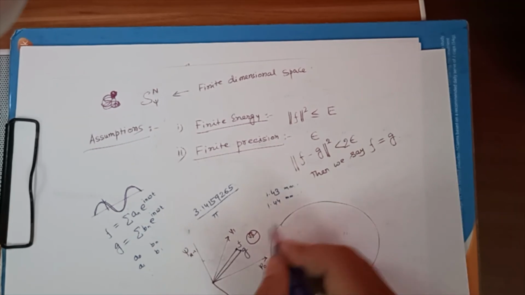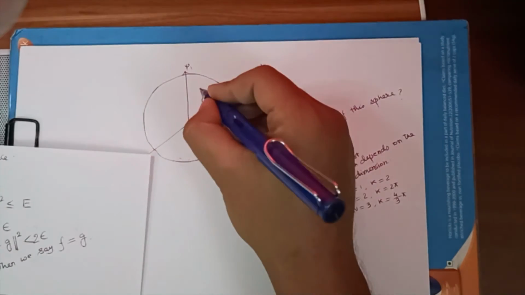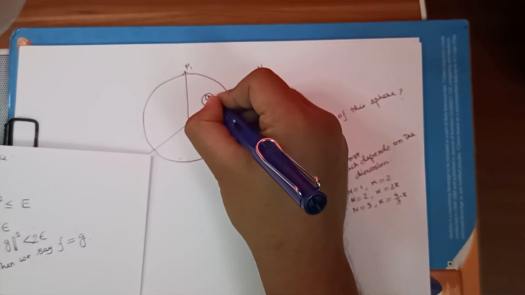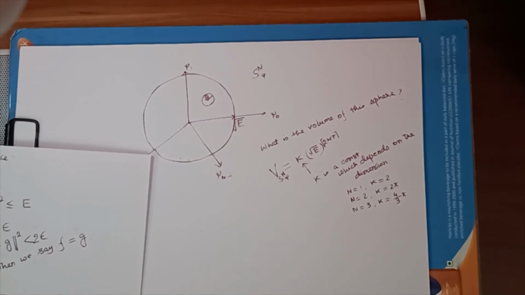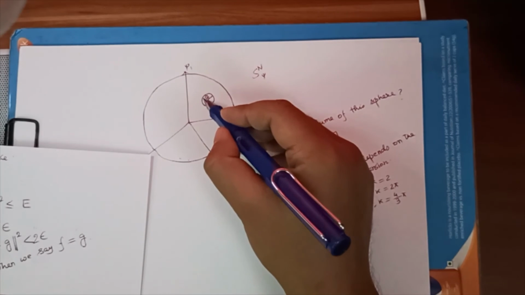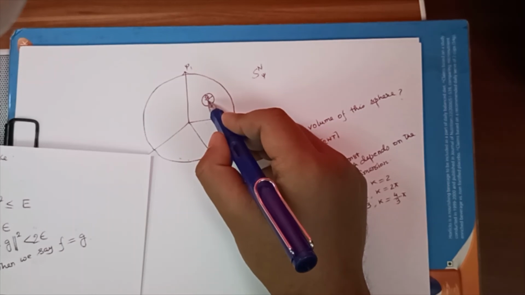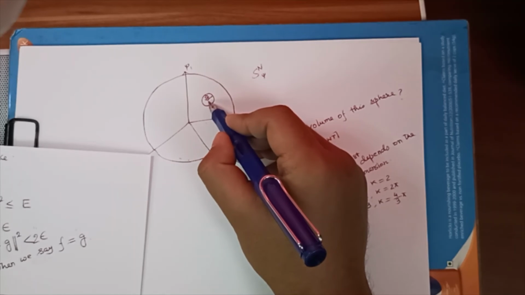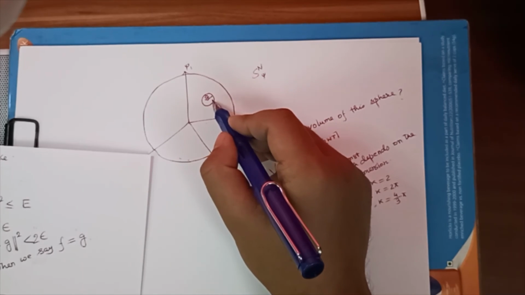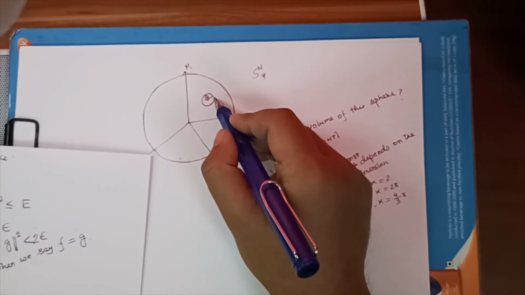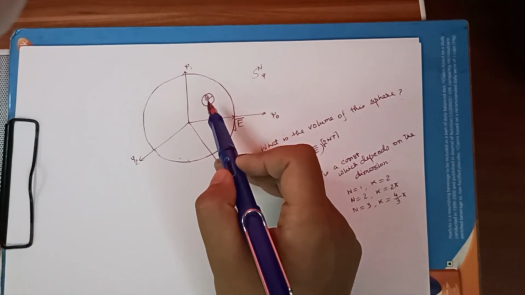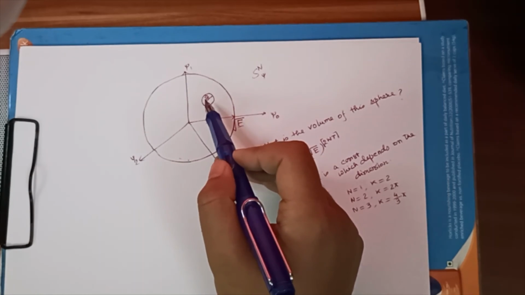So energy difference is epsilon. So it resides in a ball of radius root epsilon, and within this ball one signal is uniquely distinguishable. But if you have multiple signals, they are not distinguishable anymore. Okay. Now you get the idea. So one signal resides within a ball of radius root epsilon.